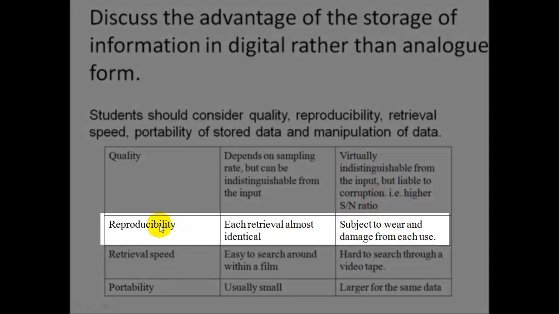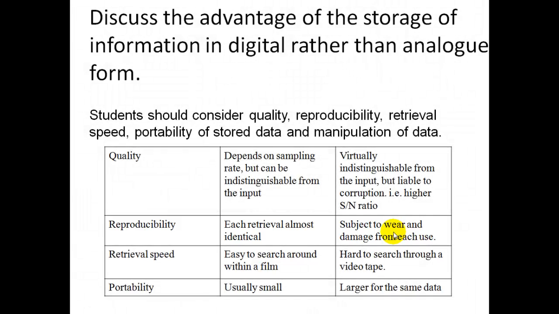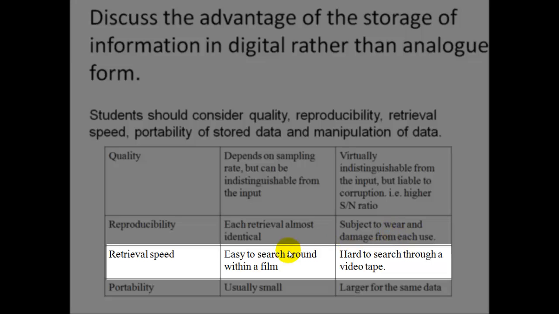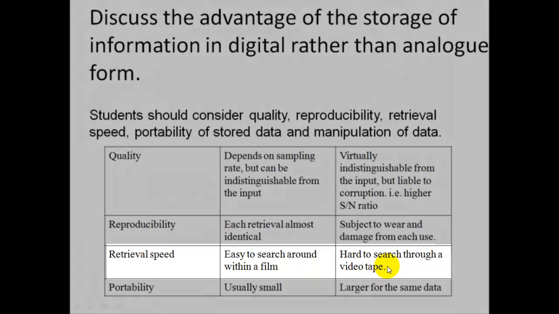Well, if it's digital, it can be reproduced almost identically. With an analog, every time you reproduce it, there's going to be some depreciation in the quality of the sound. It's easy to retrieve information digitally. You can have random access, but with a videotape, for example, you have to fast forward until you actually find the part on the tape.